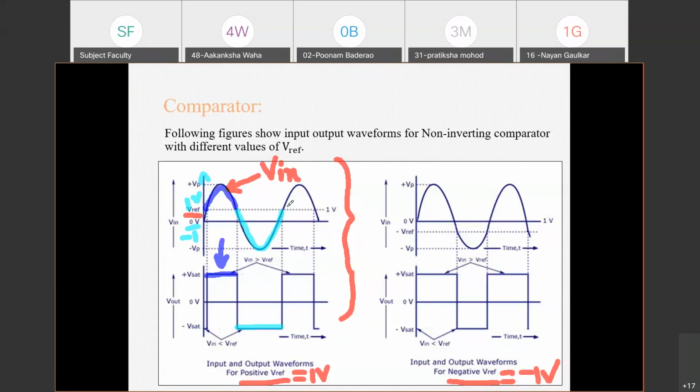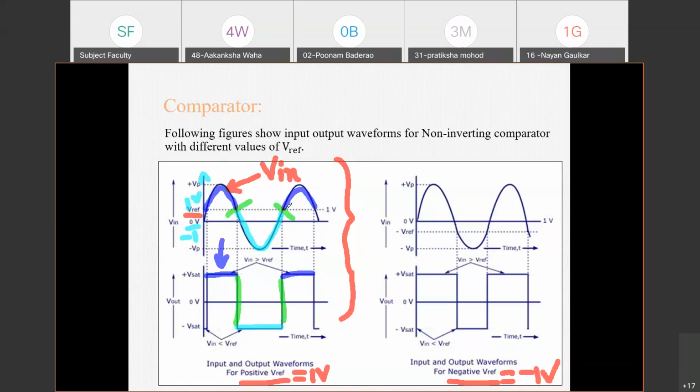Again for next region, this much region, your V in is greater than V reference and hence you are getting output as plus V sat. So if you observe that this transition is taking place when V in is equal to V reference at this particular point.